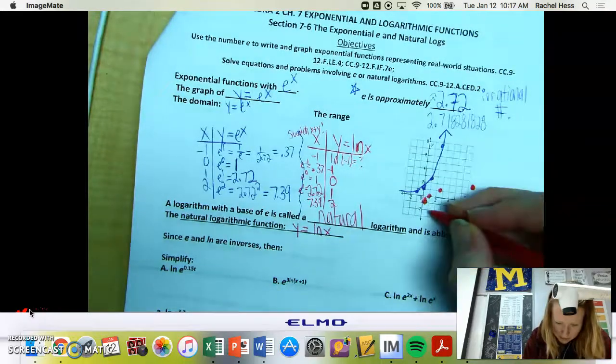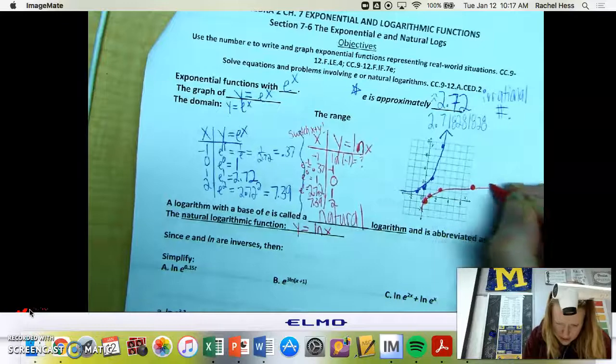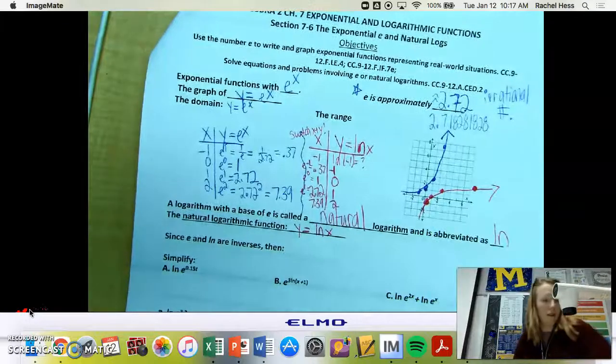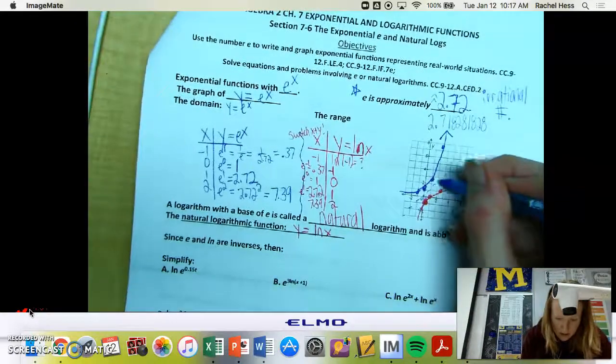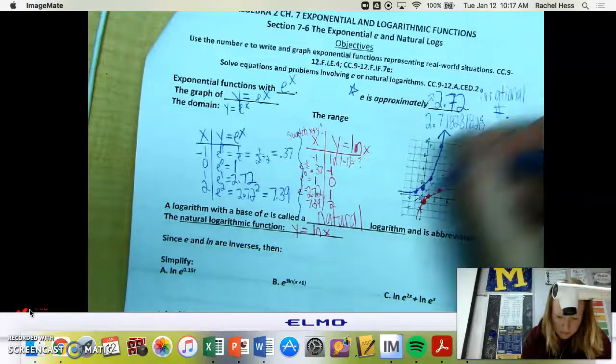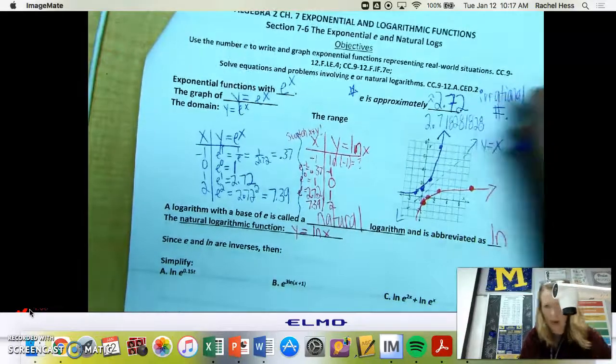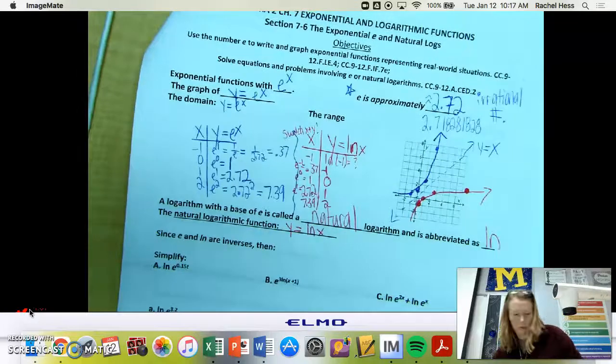If you look at this graph, these 4 points are still a reflection about that line y equals x. So these same rules apply for inverses with exponential and logarithmic functions.